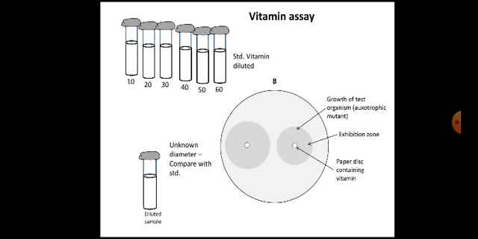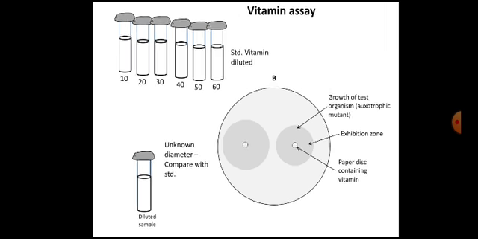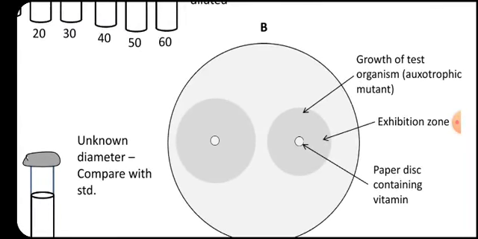Following the similar protocol we studied in the antibiotic assay, the same diffusion assay protocol, we can use, say for example the disc diffusion assay. The discs are dipped in corresponding vitamin solutions, and then they are placed onto the medium containing an indicator organism.